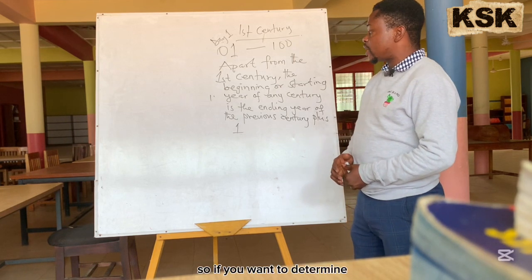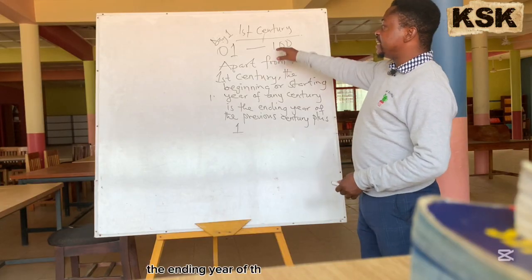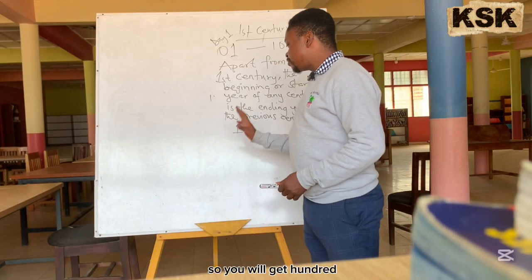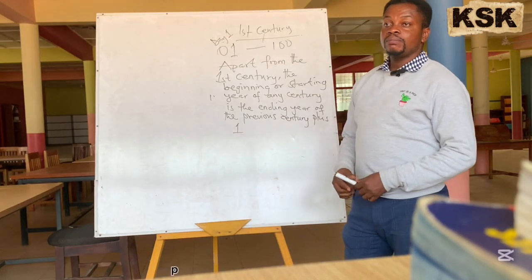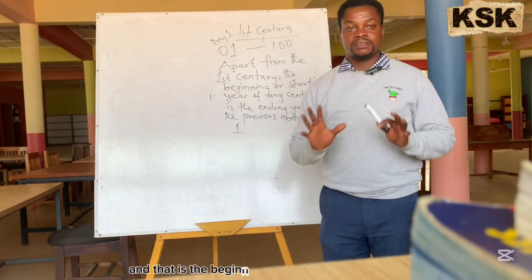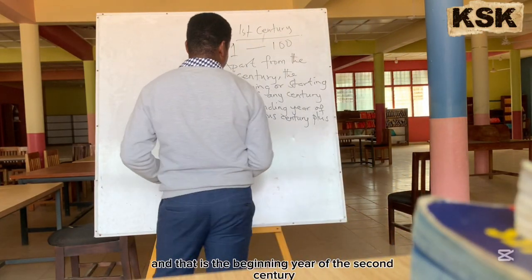So if you want to determine the beginning year of the second century, the ending year of the first century is 100. So you will get 100 plus 1. That gives you 101. And that is the beginning year of the second century.